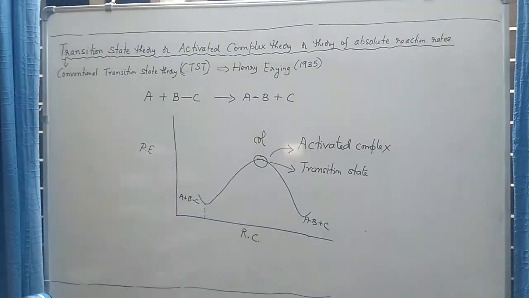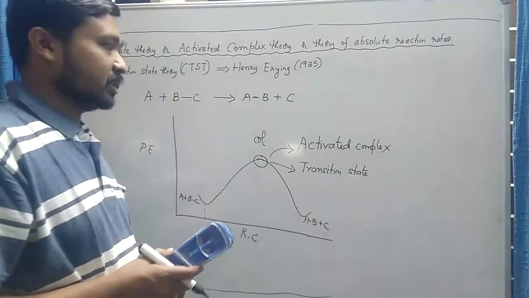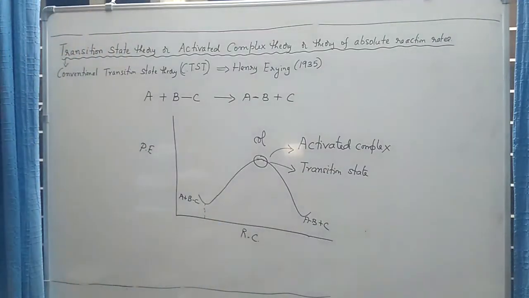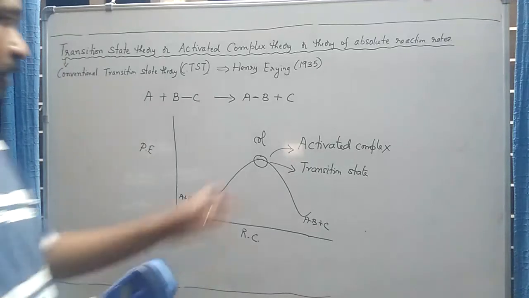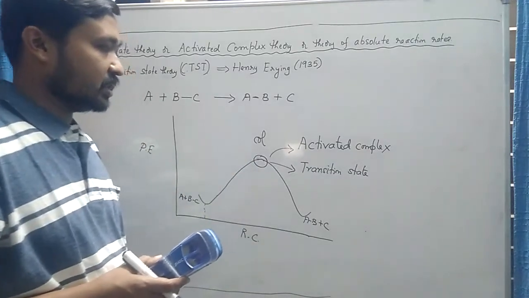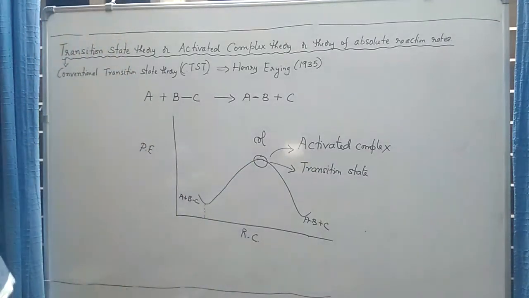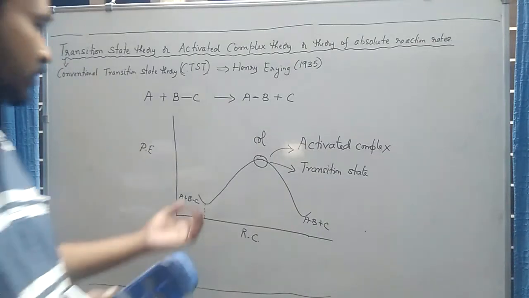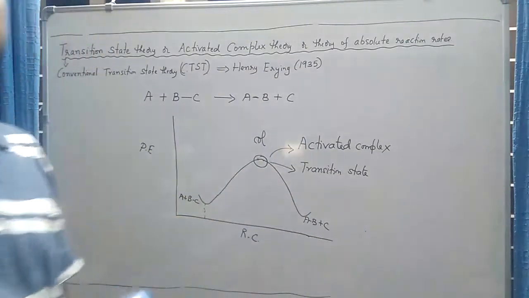Let us try to understand. Remember, the structure of the activated complex is very important in deciding the rate of the chemical reaction. The activated complex has structural features of both the initial reactant as well as the final product.